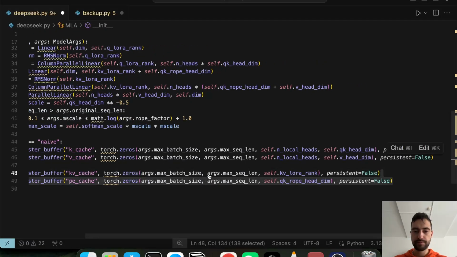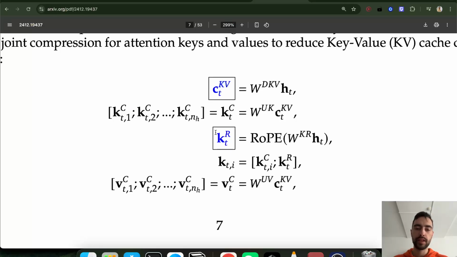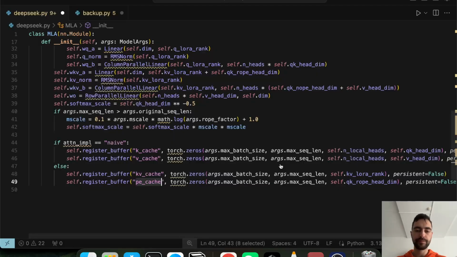Then we will do the same for the positional encoding cache. This is going to represent this blue guy. This is the same for each head. This is a vector that contains positional encoding for this token that will be concatenated to every head of the key of the token later, and it's always the same for every head.